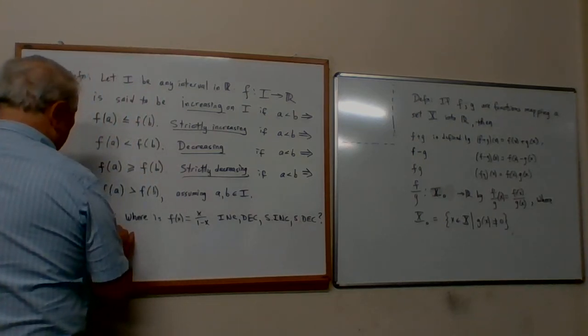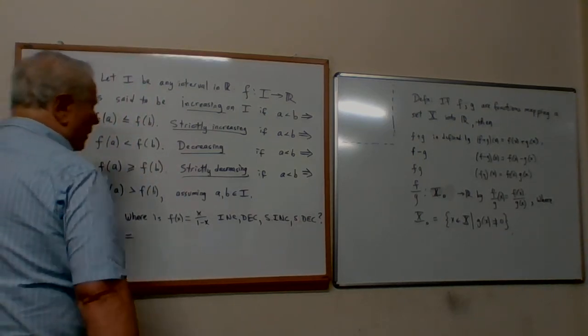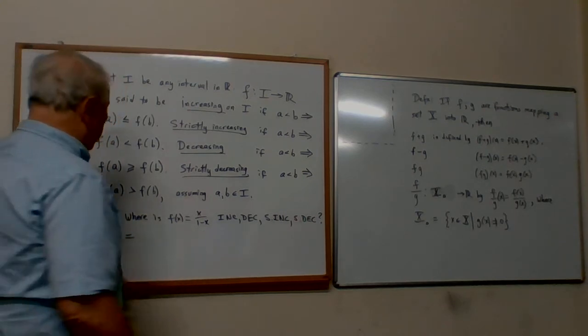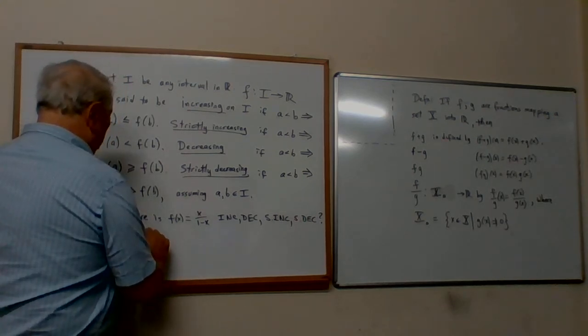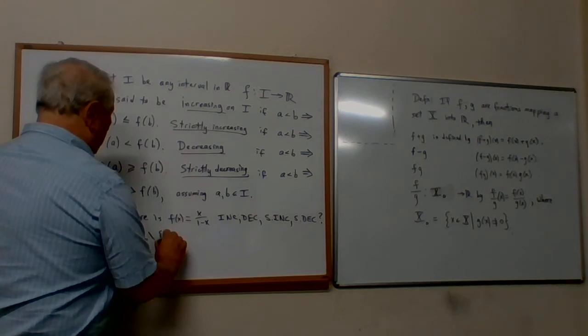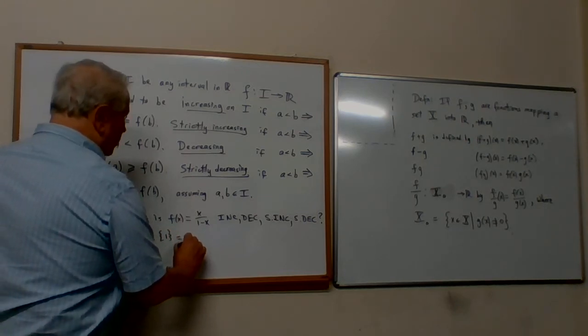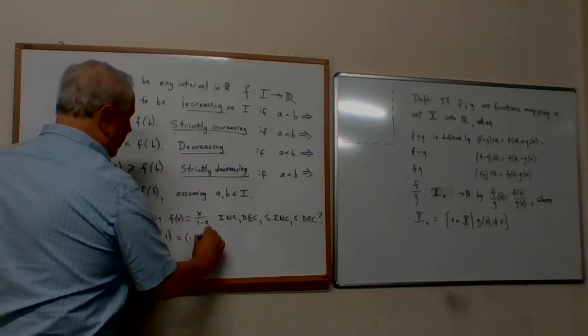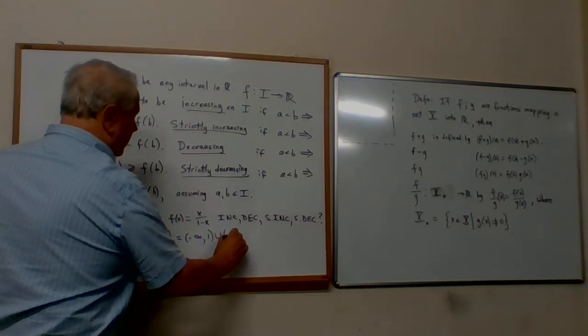The domain of f is what? What's everything except 1? So it's all real numbers except 1, which you could also write this way.